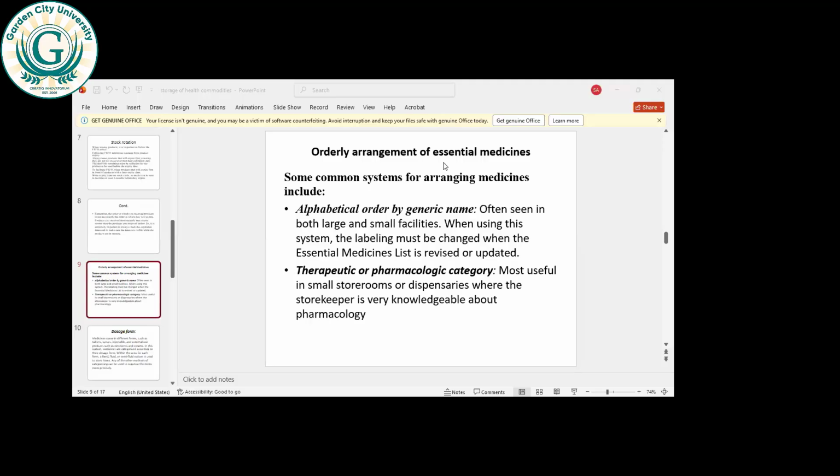This one is often seen in both large and small facilities using the system. The labeling must change when the essential medicine list is revised or updated.